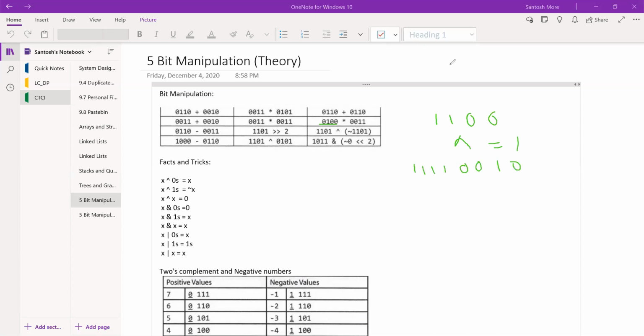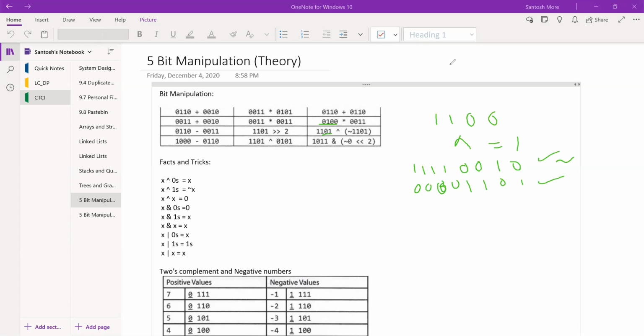And then if we XOR all of these values, imagine it was an 8-bit number. This is the original number, and this is the negated number. It will be inverted.